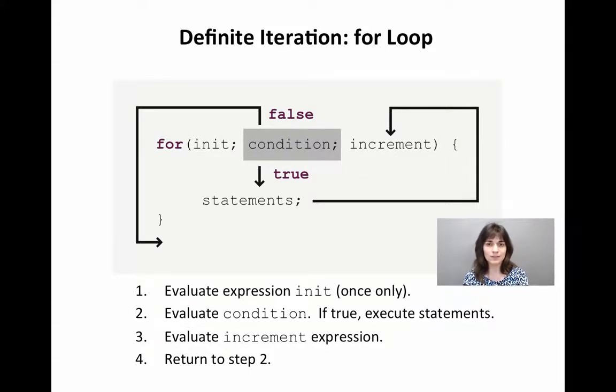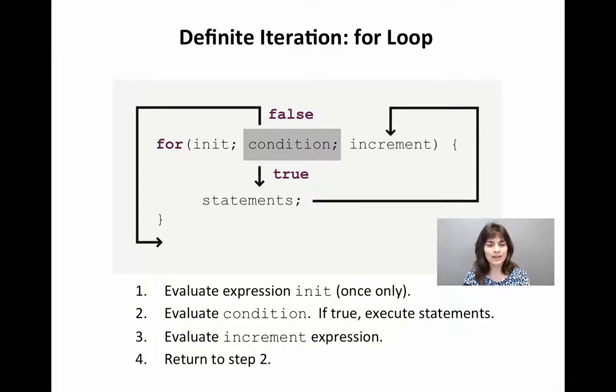Unlike the init statement, the increment part is executed at every iteration of the loop, and it is executed always at the very end of the loop statements. As expected within the curly braces, we have the body of the loop, which are the statements that are going to be repeatedly executed as long as the condition remains true.